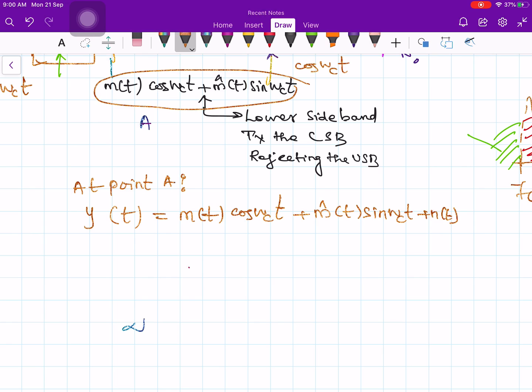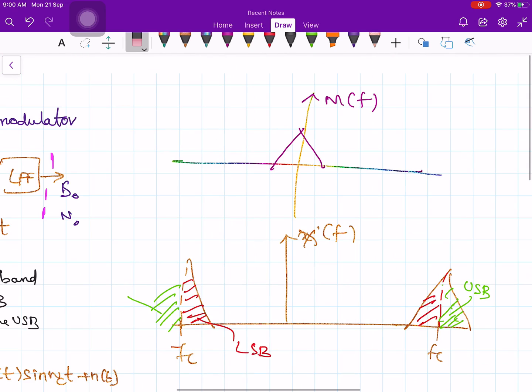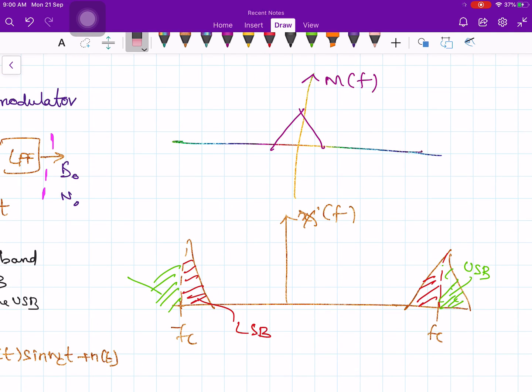Now let us try to find out the power of the message signal. How do you calculate? Now if you take both the upper sideband and the lower sideband, what is the power?